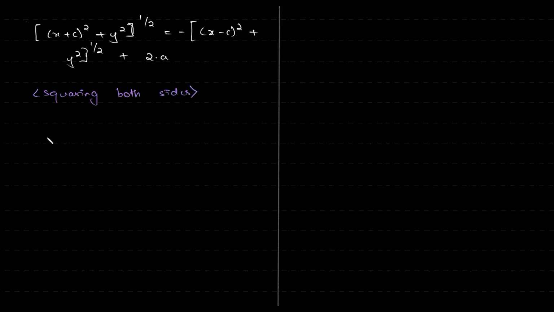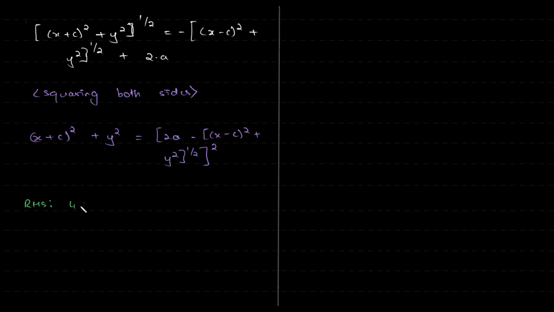So we'll end up with the entire left term having a root and a square, so they will get cancelled. And the right side would be of the form (2a minus the square root of (x minus c) the whole square plus y square) the whole square. Let's take up the RHS. A bit of simplification is required.